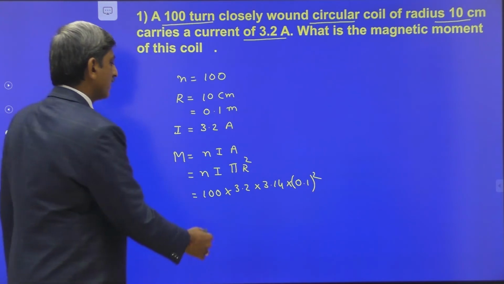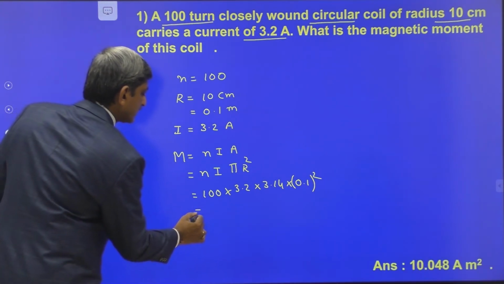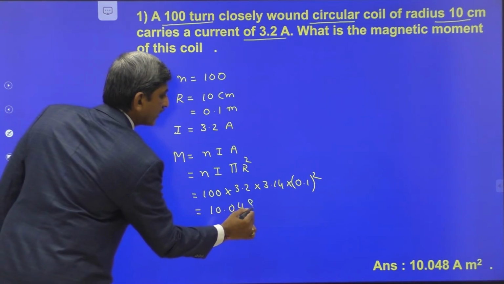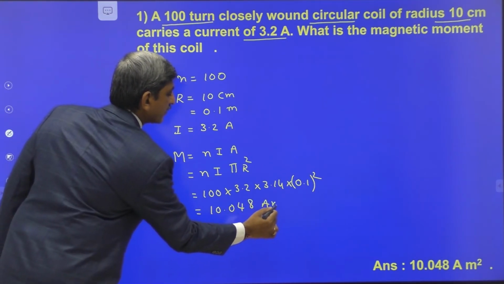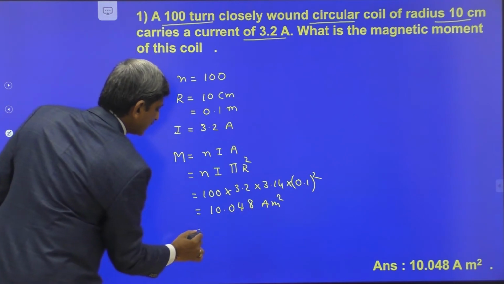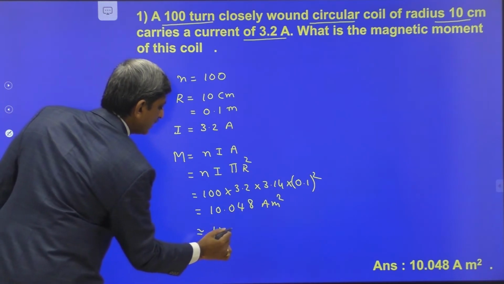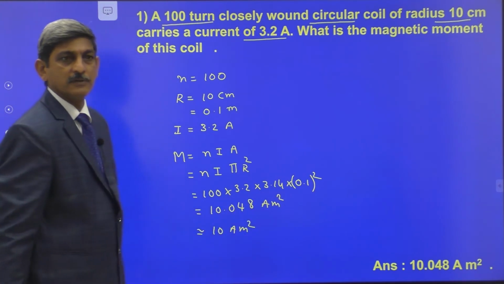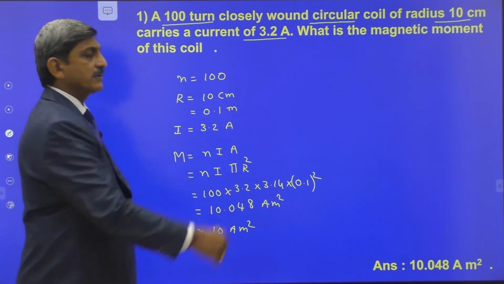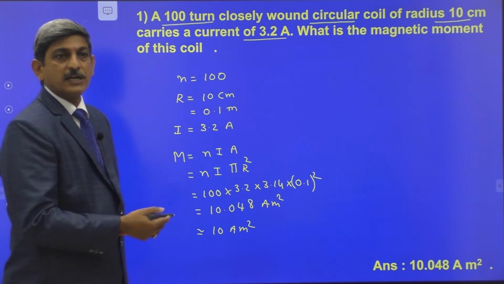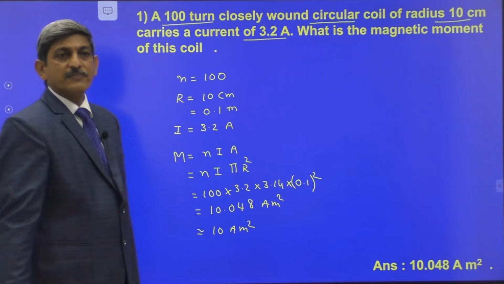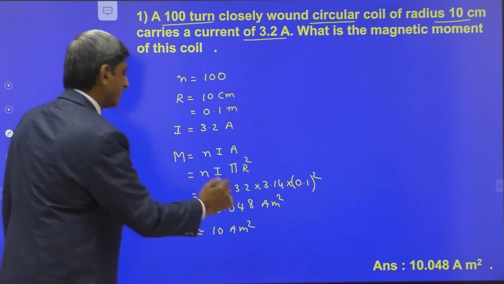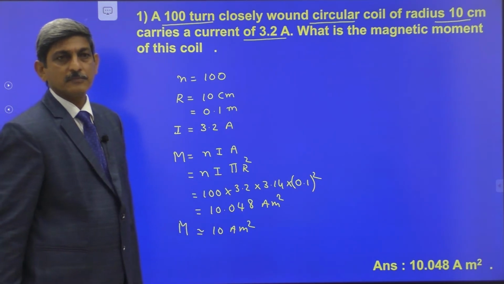By solving this we get it as 10.048 ampere meter square, which is nearly equal to 10 ampere meter square. Here the radius of the coil is given. Using that I obtain the area of the face of the coil. From that the magnetic moment value is obtained. Right?